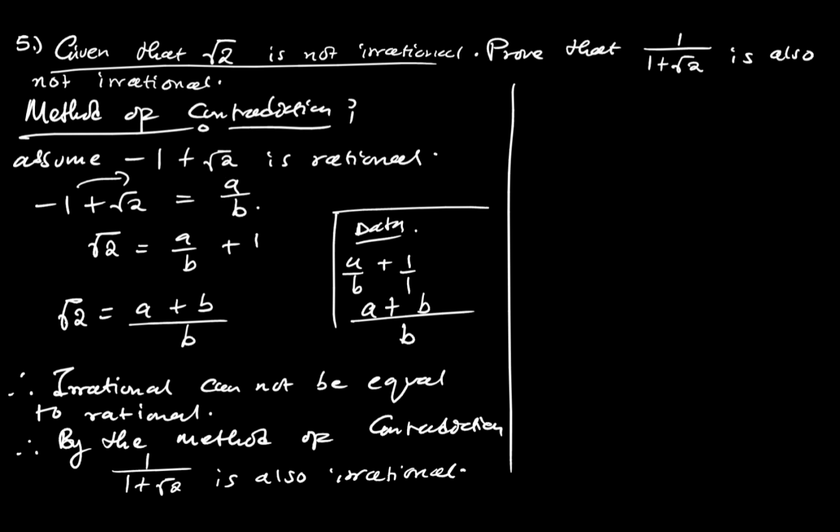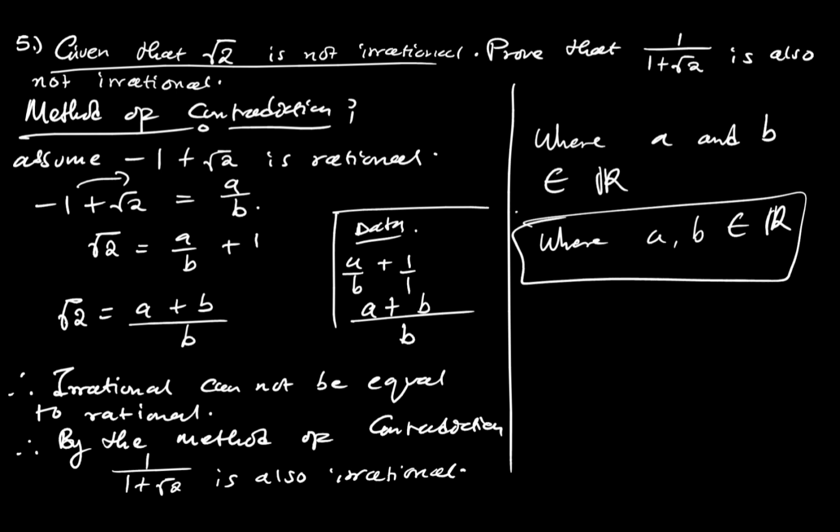You can say, where a and b are members of the real numbers. Because real numbers are rational and irrational numbers. You can give all these statements if you want. This will also help you understand exactly as you are explaining. So don't forget. That's how you go about solving this.